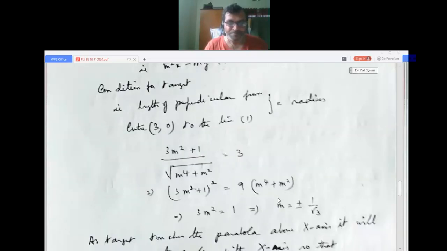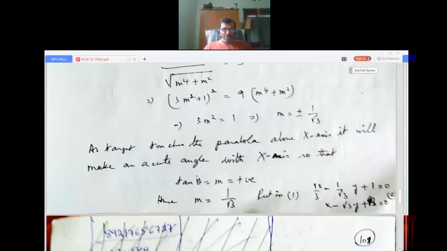Now I square both sides: (3m squared plus 1) whole squared equals 9 into (m power 4 plus m squared). Expanding everything and simplifying, I get 3m squared equals 1, so m squared equals 1 by 3, or m equals plus or minus 1 by root 3. So I got the slope m equals plus or minus 1 by root 3.